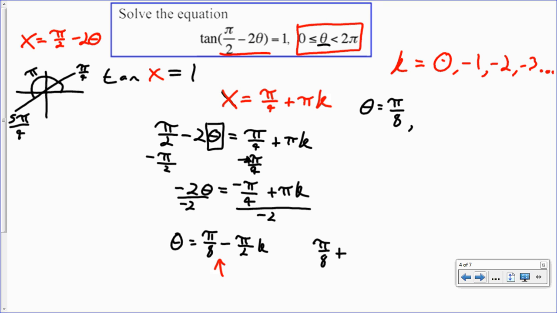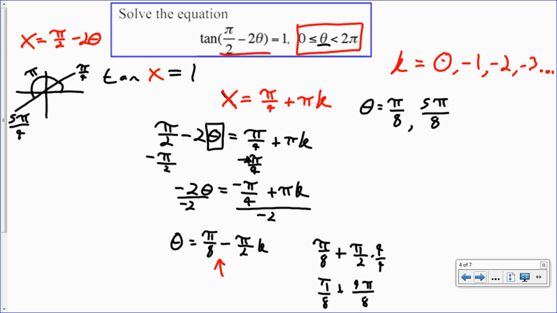I can make them negative if I want to. So pi over 8 plus pi over 2. Well, this is the same thing as pi over 8 plus 4 pi over 8. So I get 5 pi over 8.